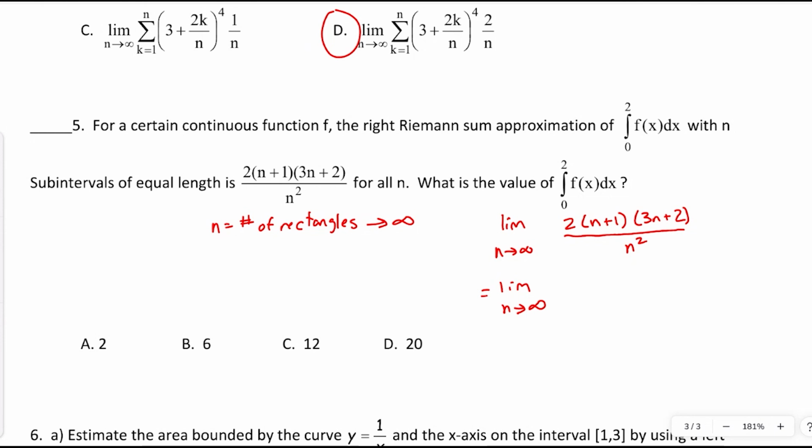What's the leading term? 6n squared, right? And the leading term of the denominator is n squared. If the degrees are the same, if the numerator is growing as fast as the denominator, how do we find the horizontal asymptote or the end behavior? Yeah, divide the leading coefficients. So 6 divided by 1 is 6. And there's your answer.